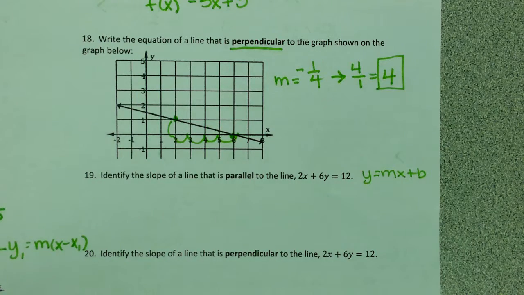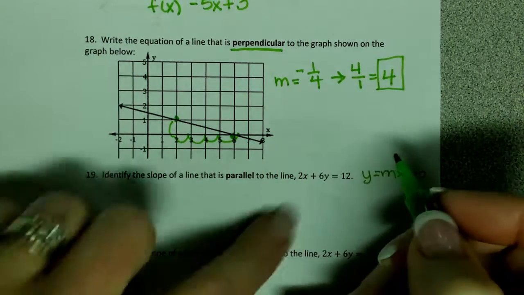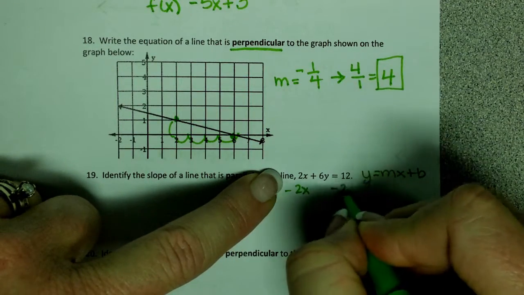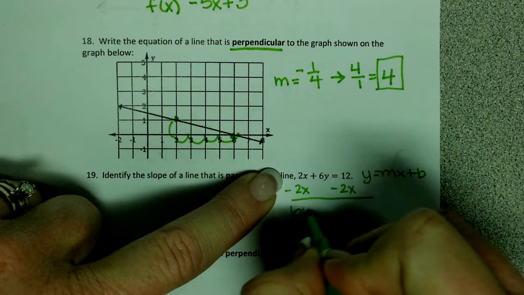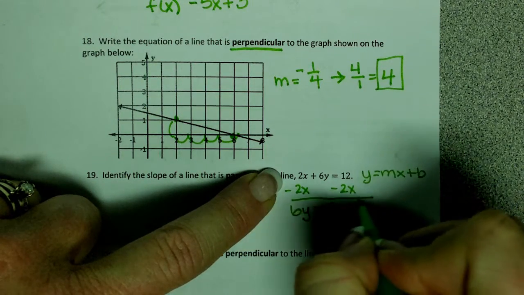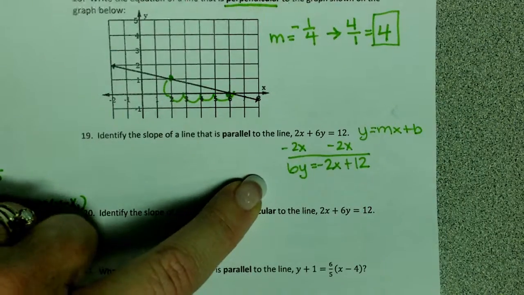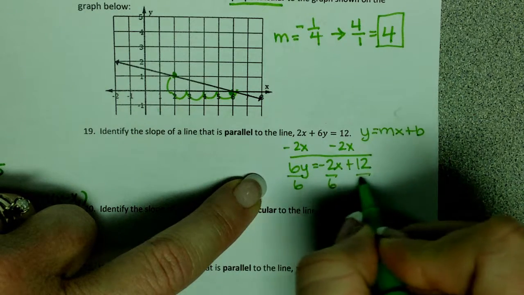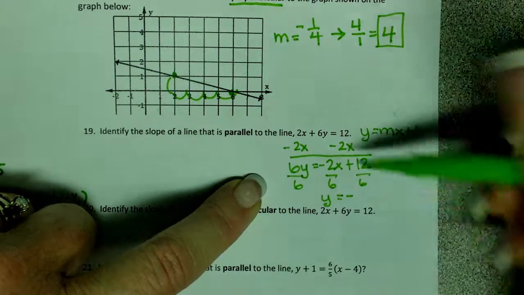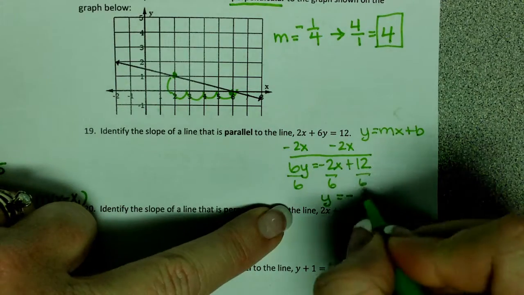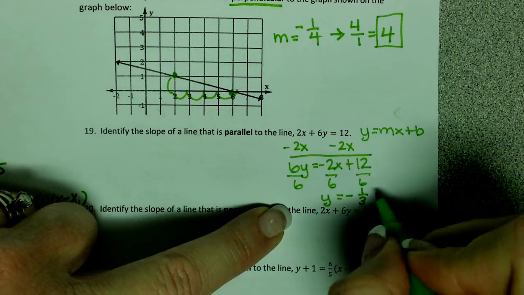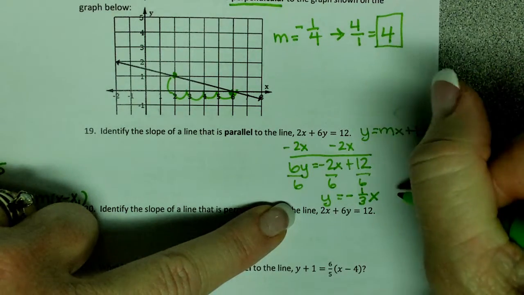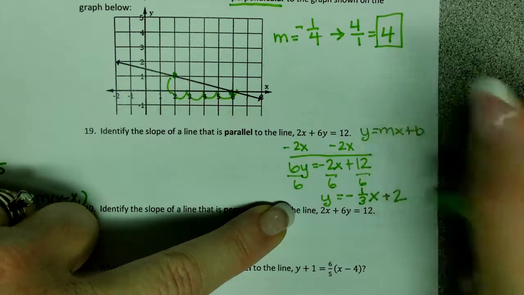So we subtract 2x from both sides, because it's positive. You get 6y equals negative 2x plus 12. Now we divide everything by 6, and we get y equals negative 2 over 6, which reduces to negative 1 over 3x, plus 2, since 12 divided by 6 is 2.